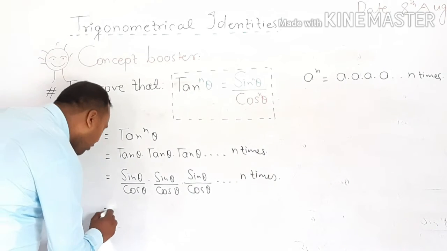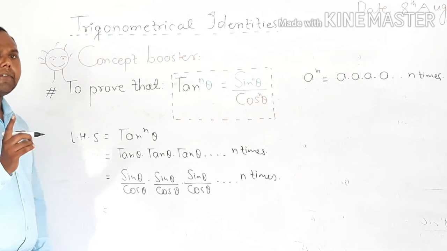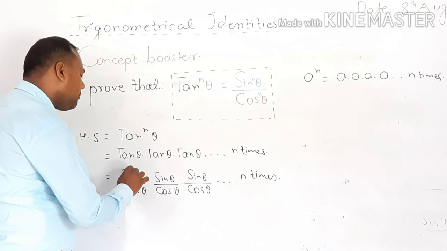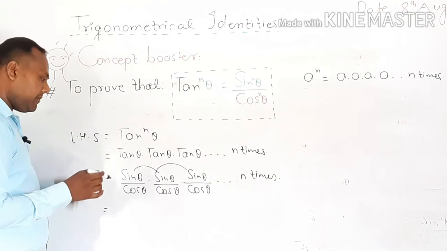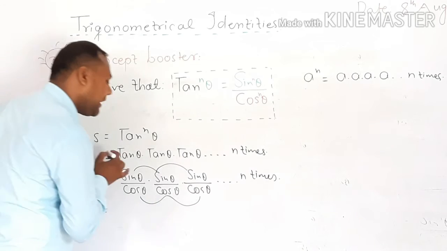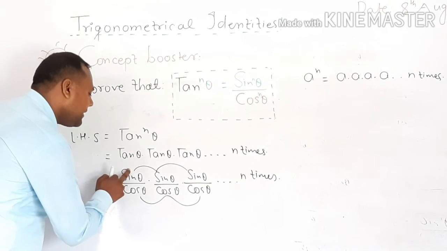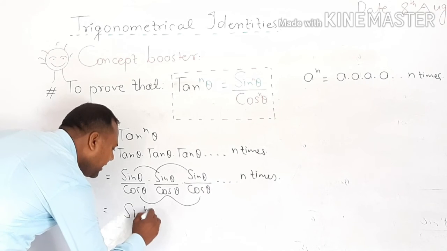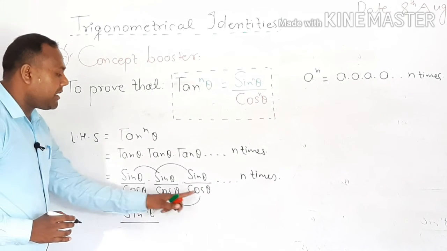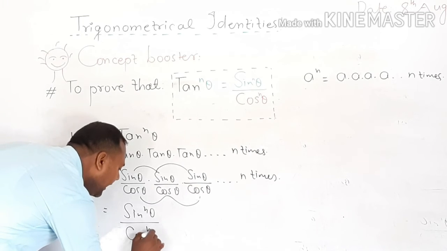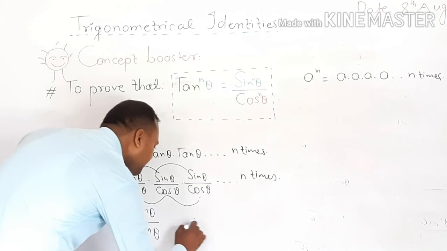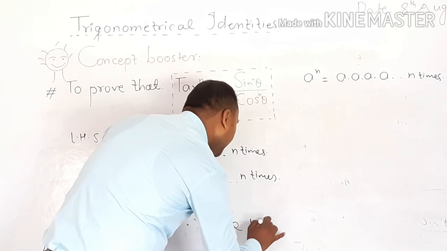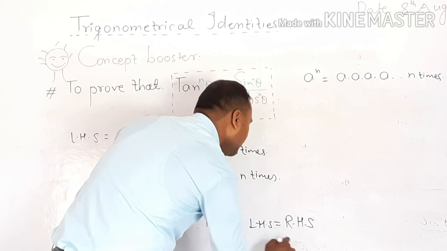According to the multiplication rule, we always remember that in multiplication, the numerator parts are multiplied together and the denominator parts together. So sin theta into sin theta into sin theta is sin to the power n theta, and cos theta multiplied by cos theta multiplied by cos theta is cos to the power n theta. Hence, LHS equal to RHS. Proved.